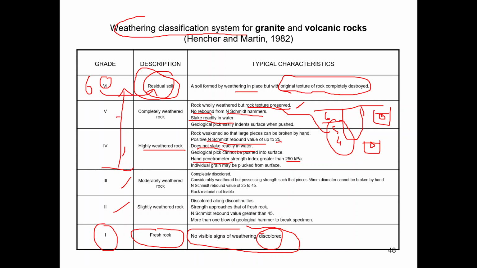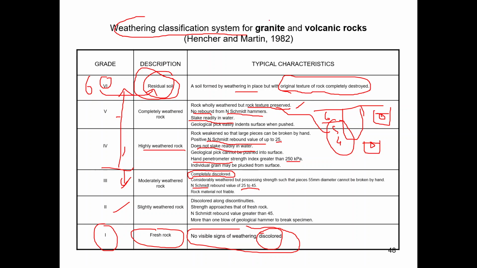But when you go deeper, at grade 3, it is slightly more difficult to excavate because the material strength is quite high. The Smith hammer rebound is 25 to 45, the material is not friable, and the material is completely discolored. This normally refers to granite.